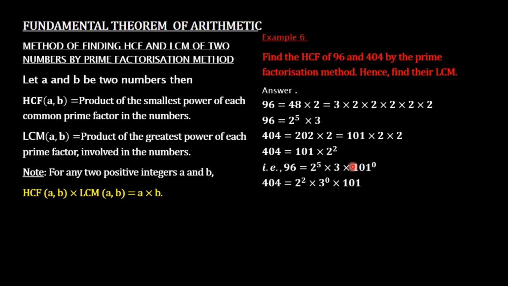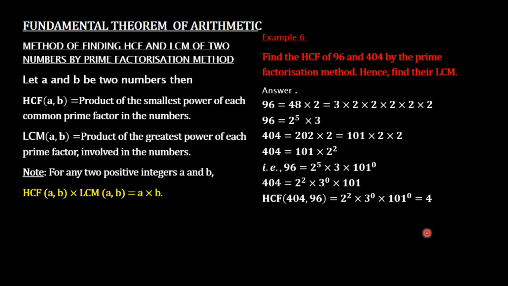Here we have 101 raised to 0, smallest among them is 101 raised to 0. What is our prime factorization then? For HCF, 2 square into 3 raised to 0 into 101 raised to 0. These two terms equal 1, and 2 square gives our HCF, which is 4.